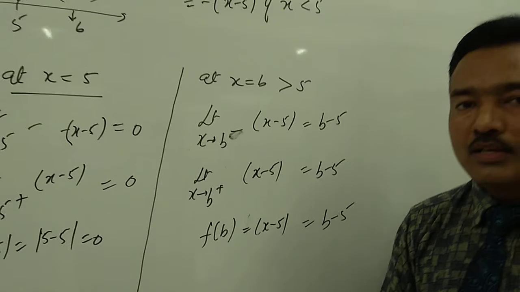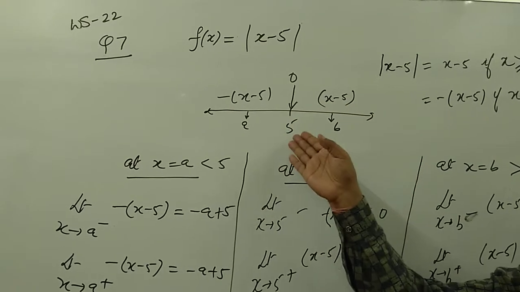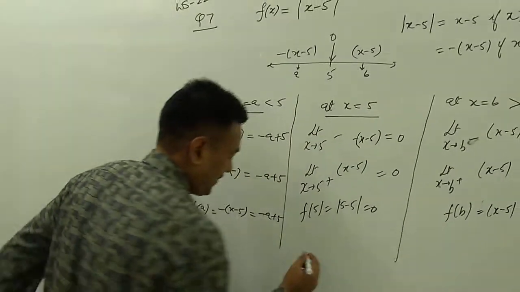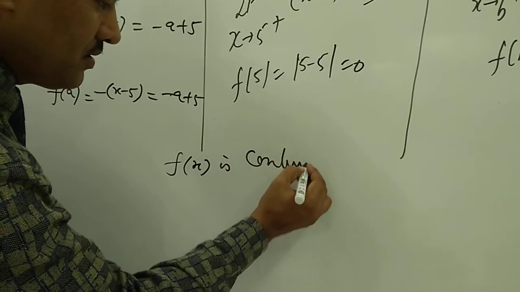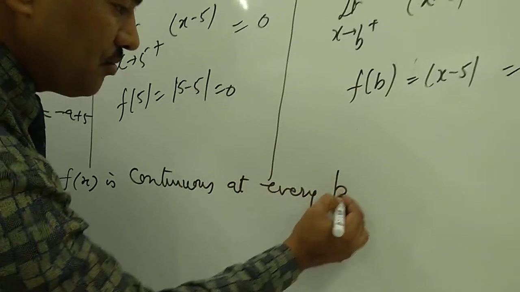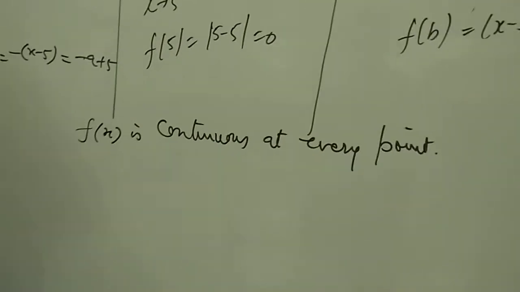Therefore the function is continuous at any point more than 5, any point less than 5, and at 5 also. With this we can conclude that the function is continuous at every point in the domain of f(x).